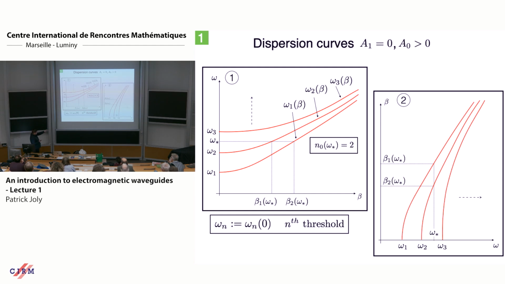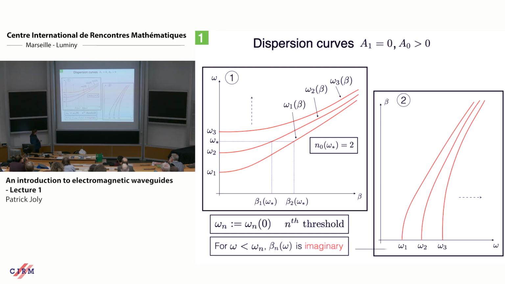What you have to understand by looking at this curve is that as soon as omega is lower than a given threshold, for instance, lower than omega 1 for the first threshold, the beta n becomes imaginary, which is the reason why you do not see it on the picture. So the horizontal line means that the corresponding beta has gone to the imaginary axis. Okay.